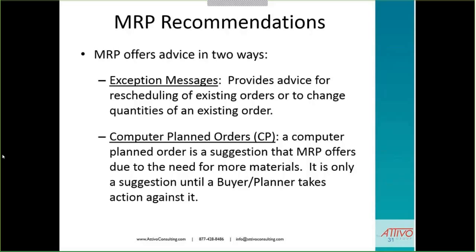So in terms of output, there's really two main outputs, and that is computer planned orders, again, the suggestion box, the recommendations for buyer planners to consider and perhaps take action on. The other types of outputs are the analysis reports.